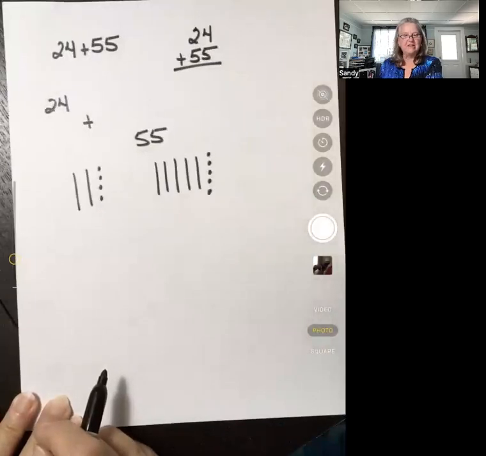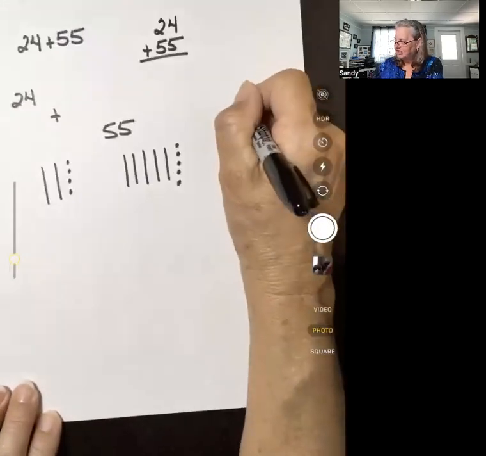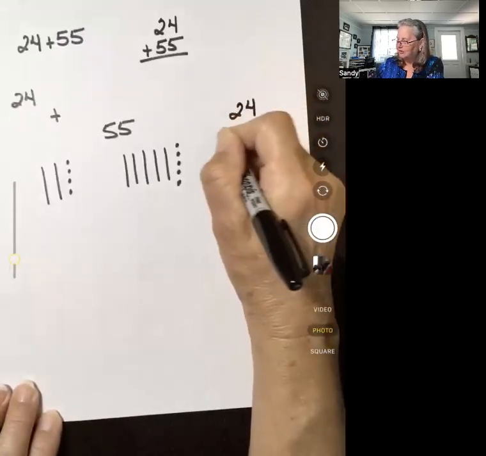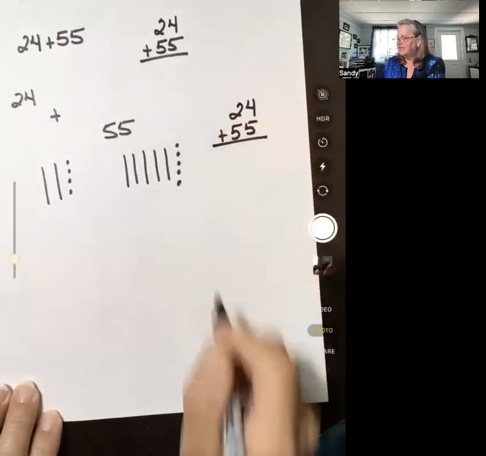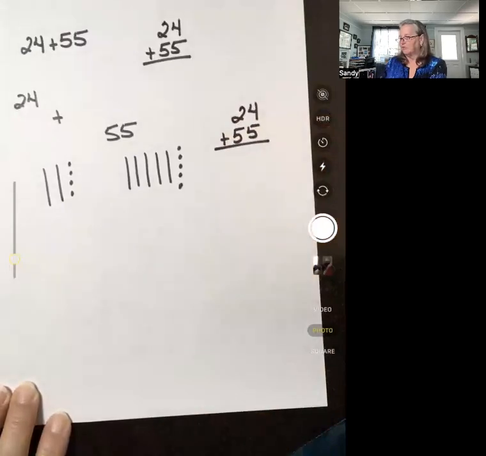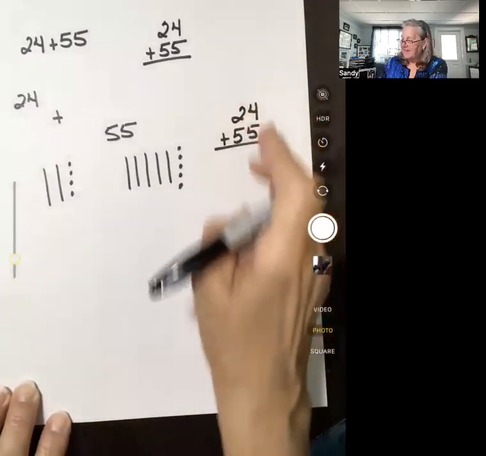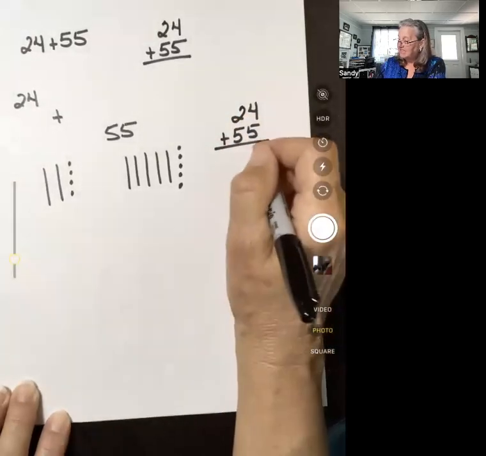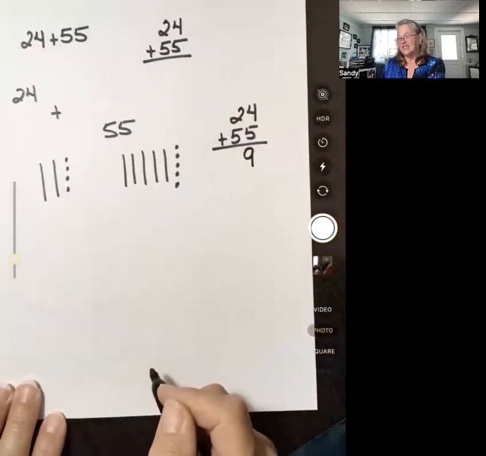Now you may see something called partial sums, and that's a place value approach. I'm going to start out with this vertical representation of the problem. But instead of what we learned, where we just did column by column, adding up those facts, you may see something like a 9. What's 4 ones and 5 ones? 9 ones.